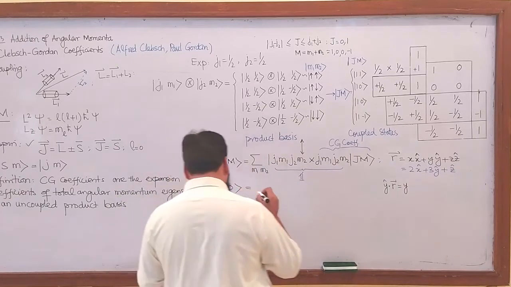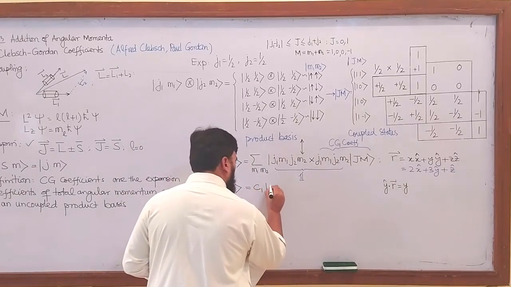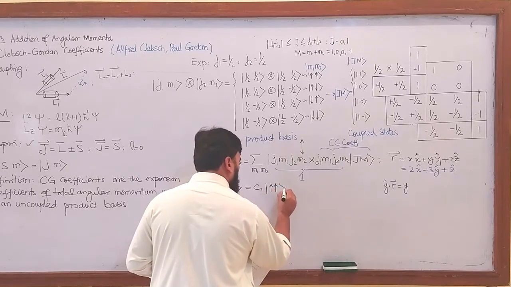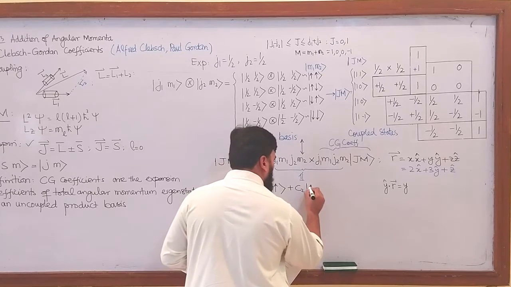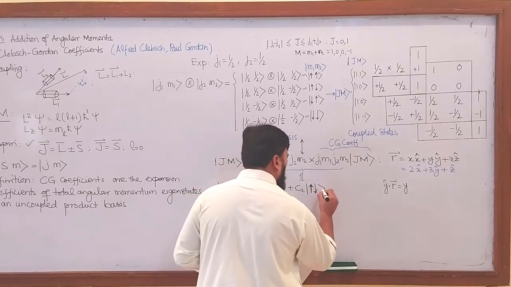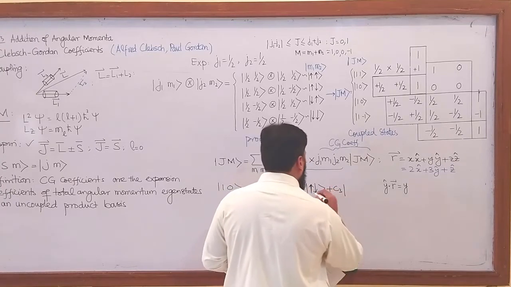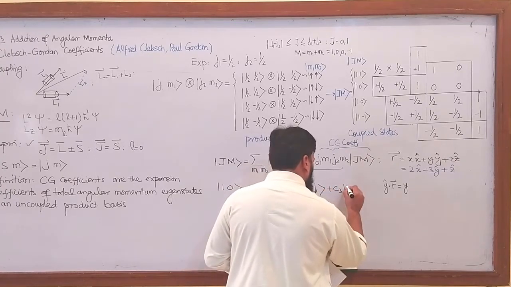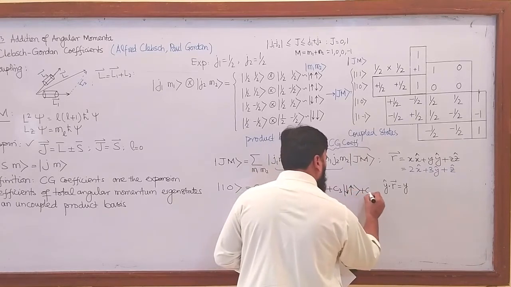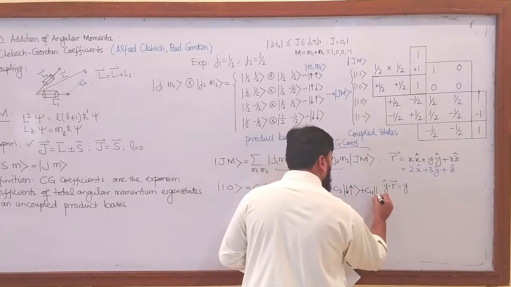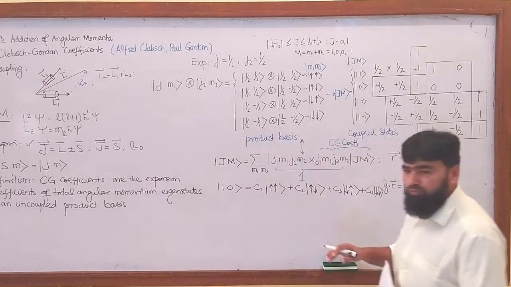Now the 1, 0 state is C1 times up up, plus C2 times up down, plus C3 times down up, plus C4 times down down. Clear?